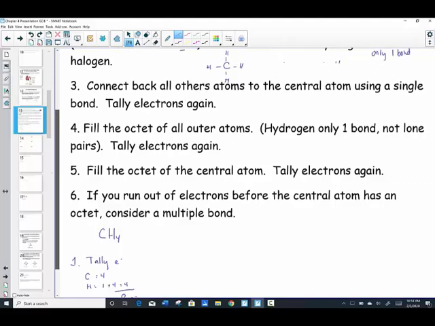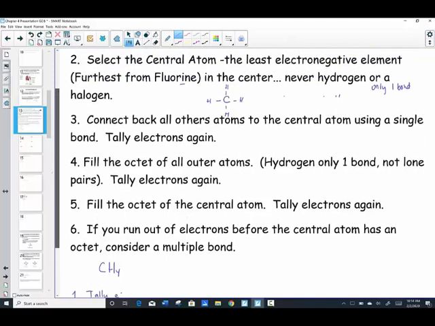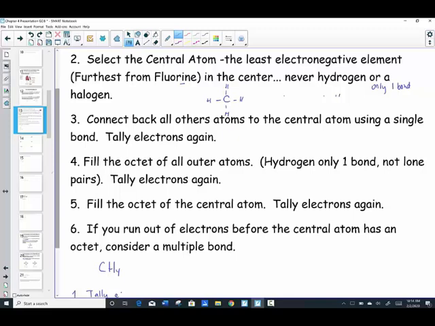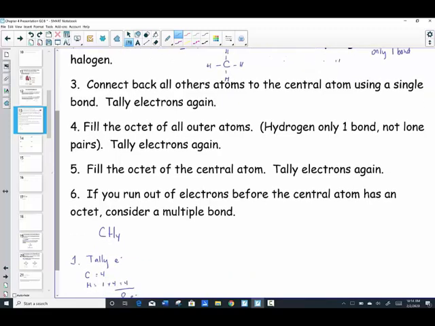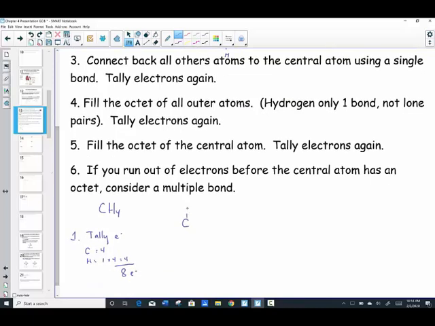Step 2 said select the least electronegative element, the farthest from fluorine, and put it in the center. Well, here, if we're not allowed to use hydrogen, clearly we see carbon is in the center. Next thing I do is attach back all of the other atoms, which are all 4 hydrogens, to the central atom, and then retally.